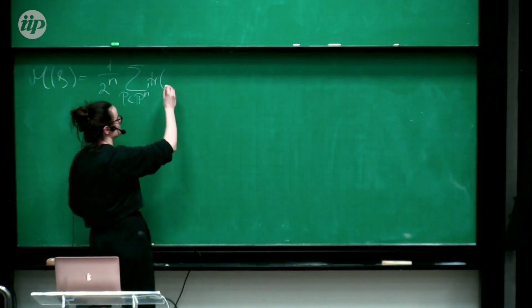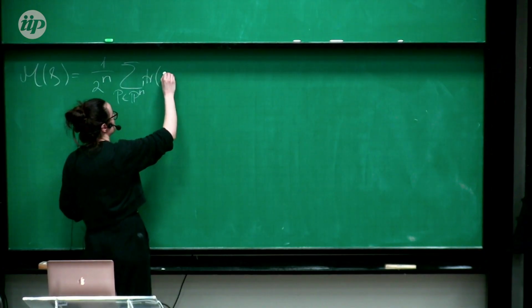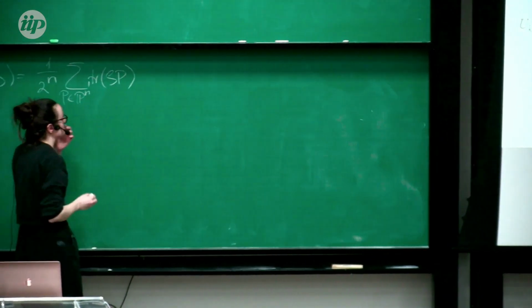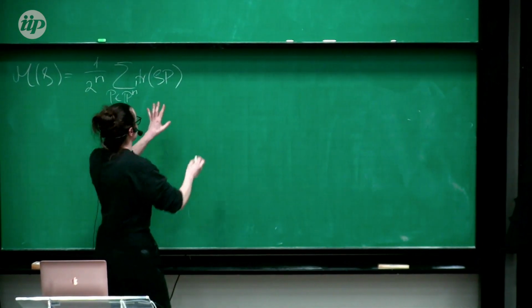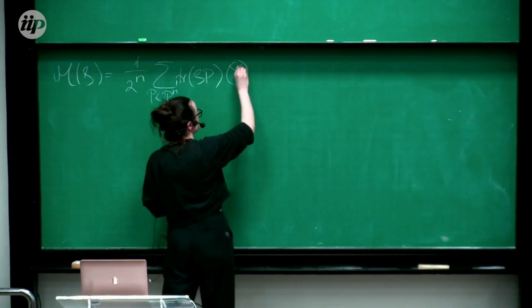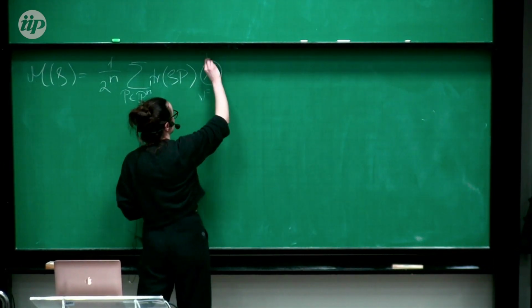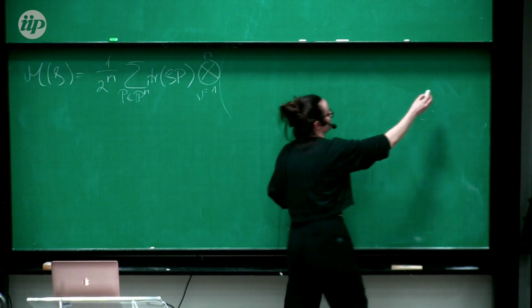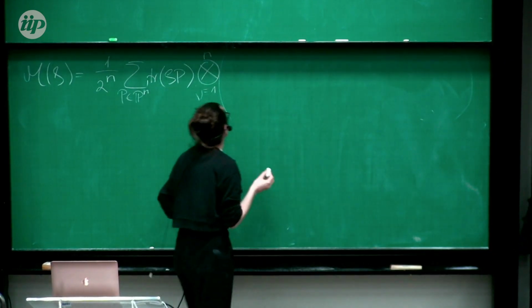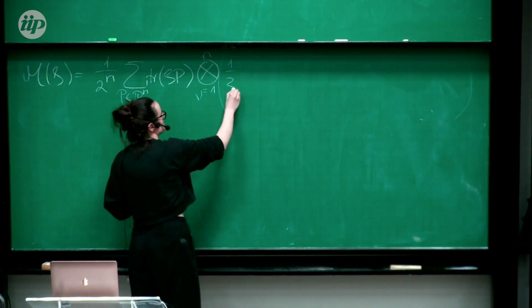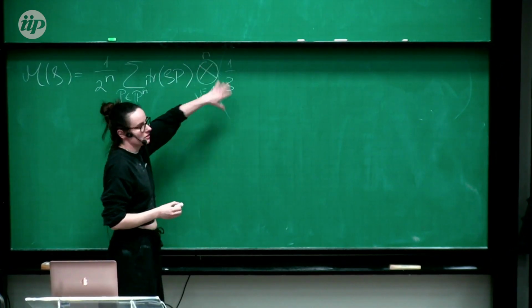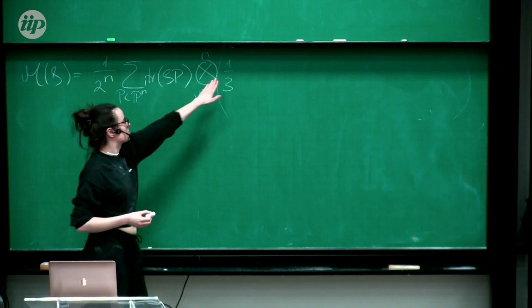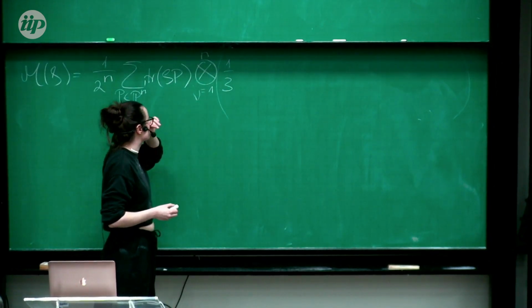They are responsible for this whole trace of rho p. And now I have my huge tensor product here. I will write this 1/3 in here, which is fine because we have this n times: 1/3 to the power of n is the same as putting it in front of this tensor product.